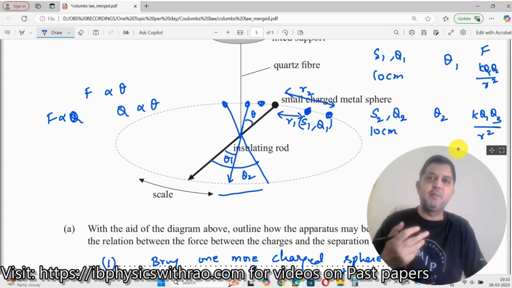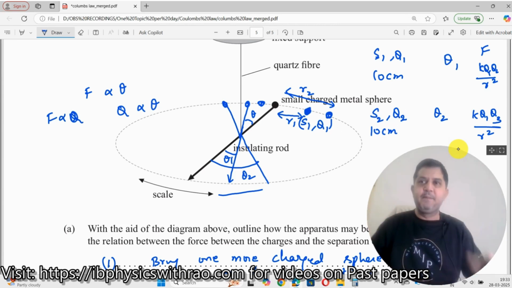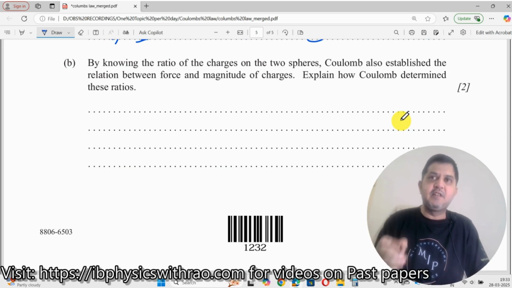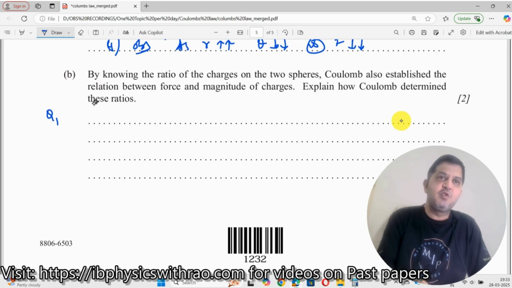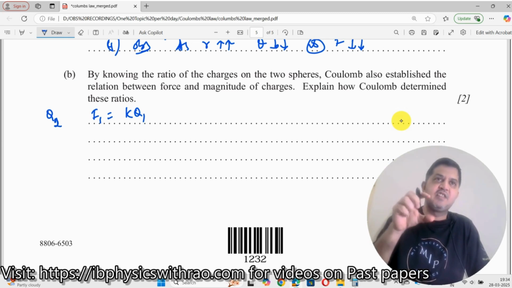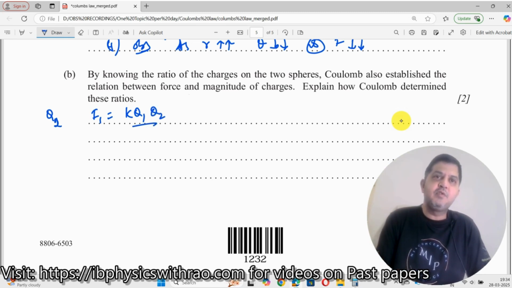Now, how do I understand that charging this with a different charge has made the sphere move away? So what I do is, he says very clearly, okay, let me first write down the equation so that I can read the question and again go back. With the first charge Q2, because I call this Q1 the initial charge present in the first sphere, F2 is equal to K Q1 Q2 divided by R square.